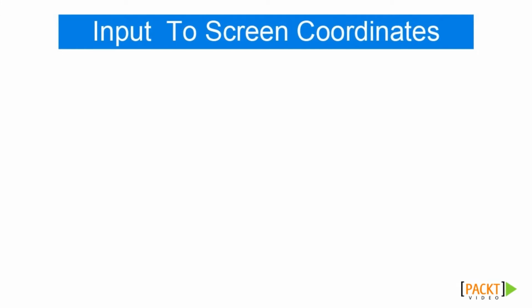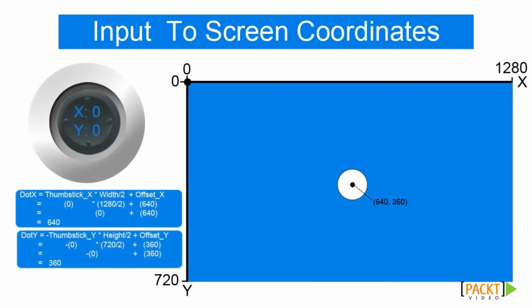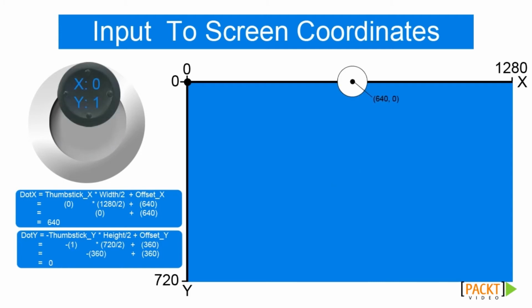A bit more information about this calculation. We want to transform the thumbstick coordinate system to our screen coordinate system. When our thumbstick is at the center, the coordinates are 0, 0, resulting in a screen coordinate of 640 by 360. Then, if our thumbstick is up, the thumbstick coordinates are 0, 1, resulting in a screen coordinate of 640, 0.